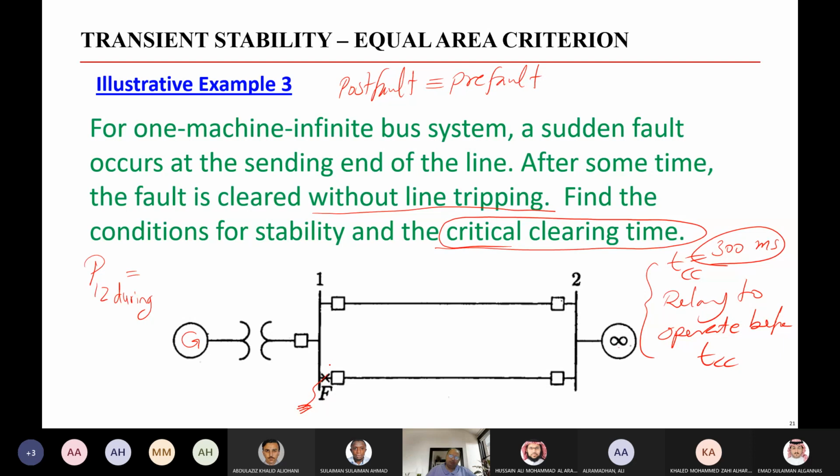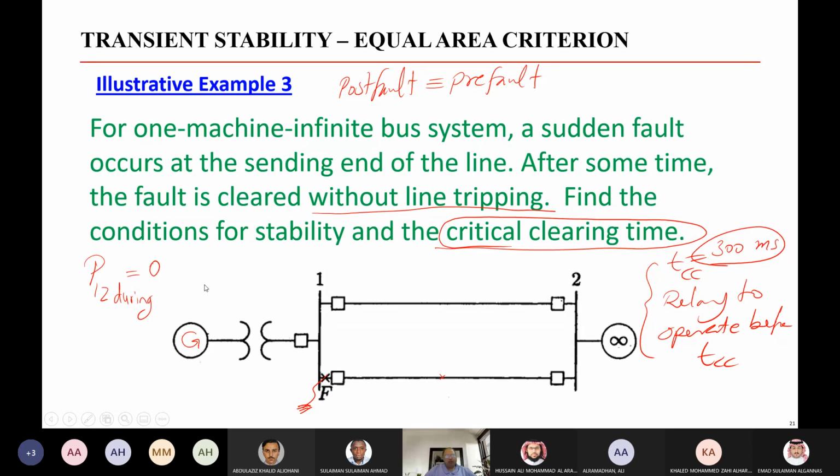Abdulaziz? Zero. Yes, you are right. It is zero. If the fault occurs at the bus, then the power transfer is zero. Later we will see the case where the fault occurs elsewhere and we still have some power transfer. So during the fault, the power equals zero.